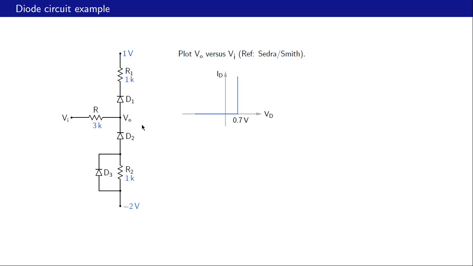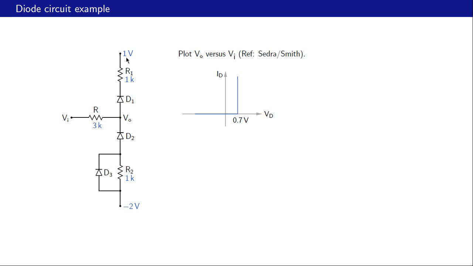Here is our next example, taken from this book by Sedra and Smith. And there are several other interesting diode circuits given in this book, so therefore you should definitely look it up. Alright, let us look at this circuit now. This is the input voltage Vi with respect to ground, that is the output voltage.